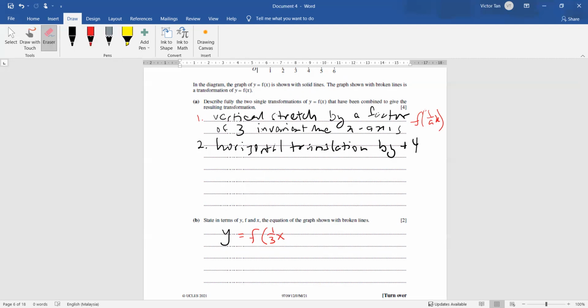Put it in a grid so it's clearer for you to see. A horizontal translation will be minus 4. That's it. That is your solution.